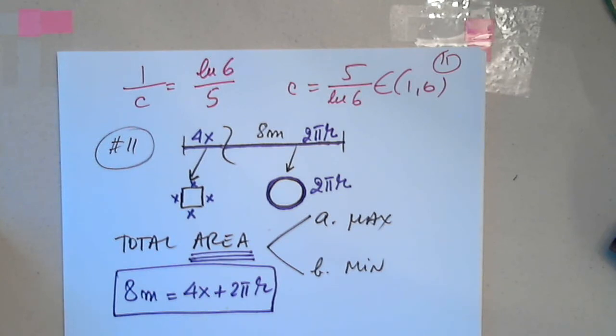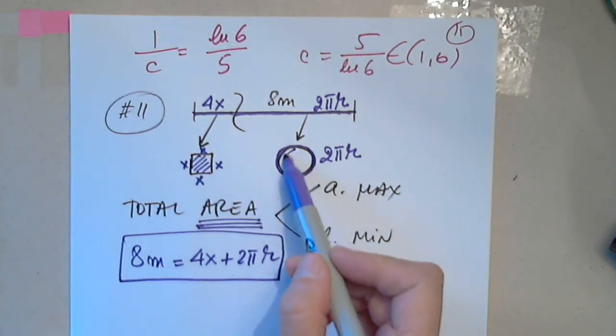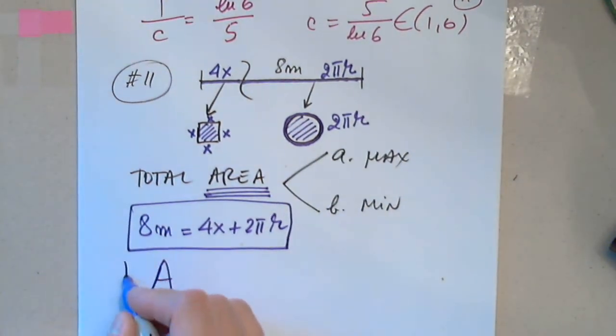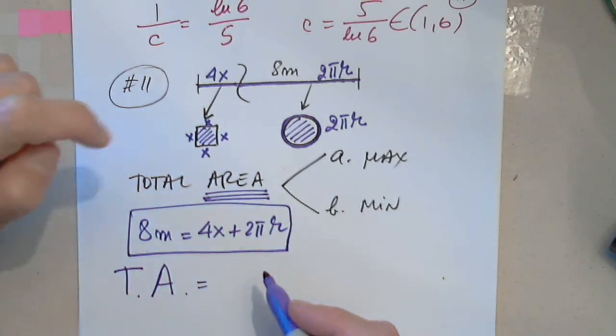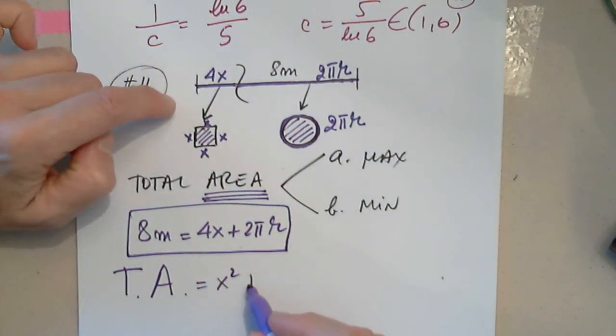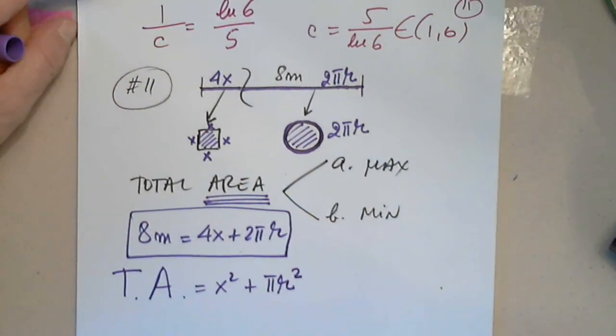Are you with me, everyone? Yep. Okay. So the total area will be composed of the area of the square and the area of the circle. So the total area is side squared, plus pi r squared, which is the area of the circle.